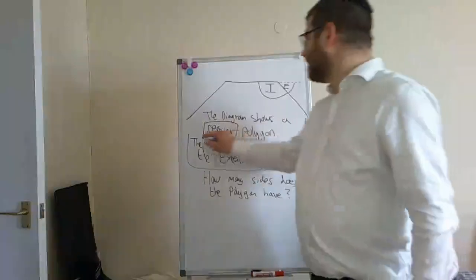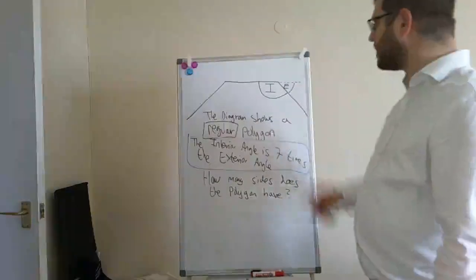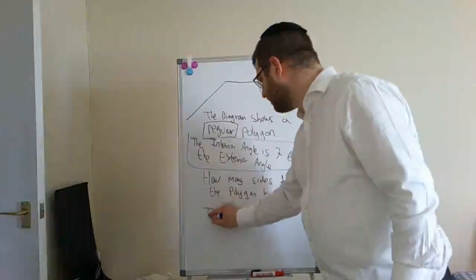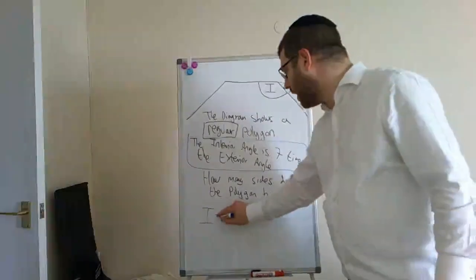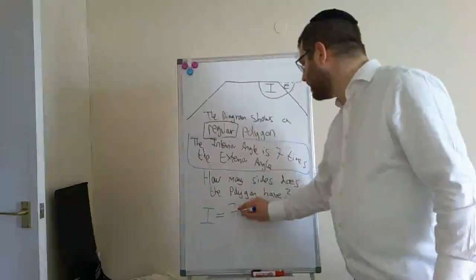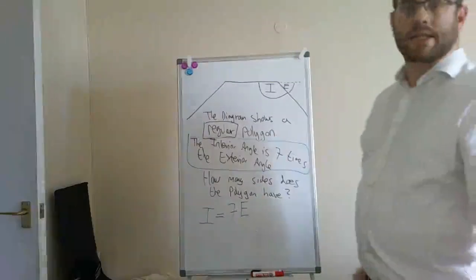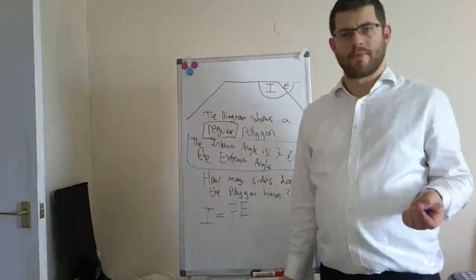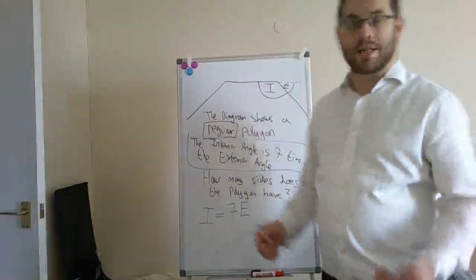And that's this sentence over here: the interior angle is 7 times the exterior angle. So let's put that into maths. The interior angle, that's I, is 7 times the exterior angle, so I equals 7 times E. But what can I do with that? What you need to recognise is that, as we said before, the interior and exterior are related.